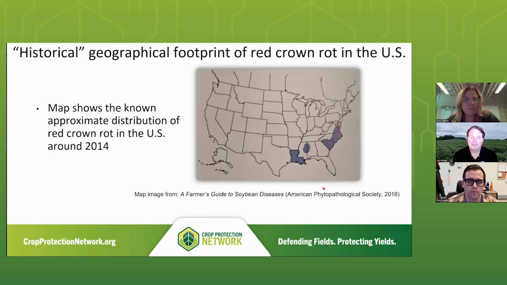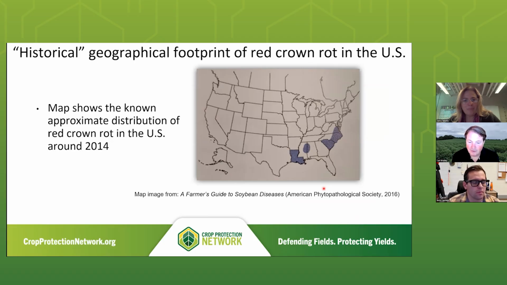So this is the historical geographical footprint of red crown rot in the U.S. And this map is current up through about 2014. This map image came from a Farmer's Guide to Soybean Diseases, which is a publication from the American Phytopathological Society.